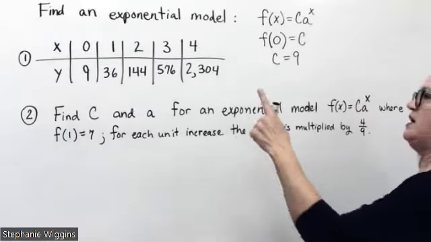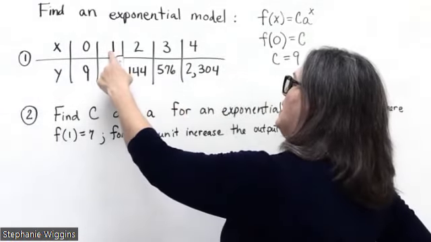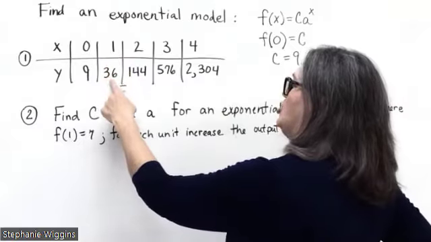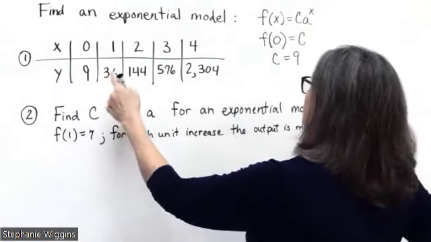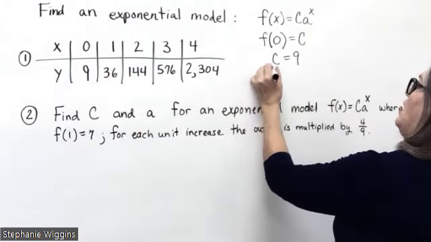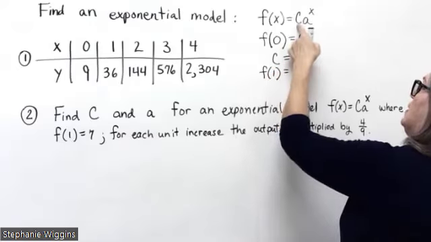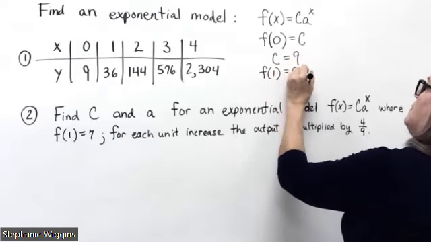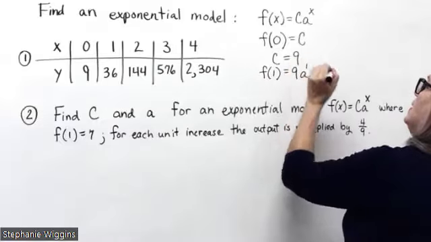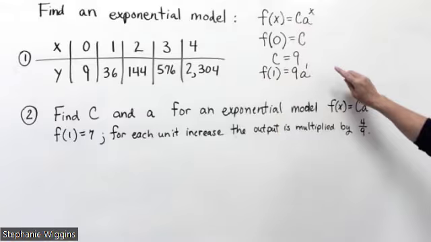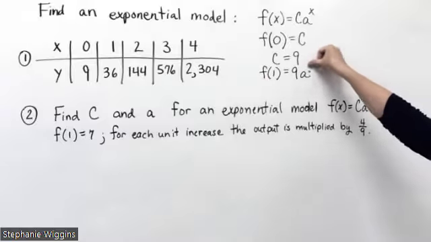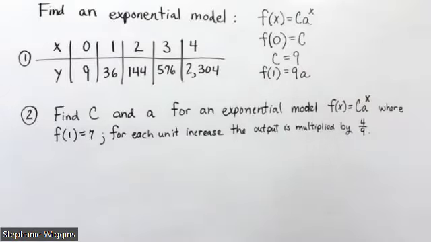And so I'm going to go to another point and plug in x equal 1 and set y equal to 36. So f of 1 is equal to c, which is 9, times a to the power of 1. But a to the power of 1 is just a, right? So I don't really need to write an exponent of 1 on there.